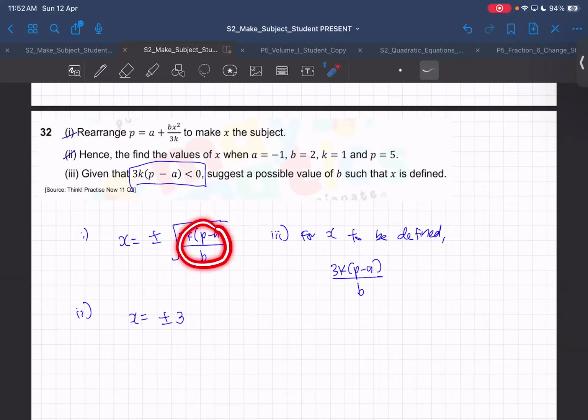What is the condition for this thing to exist? Can I square root a negative number? No, right? So this must be positive, but you can square root a 0, so it can be more than or equal to 0.